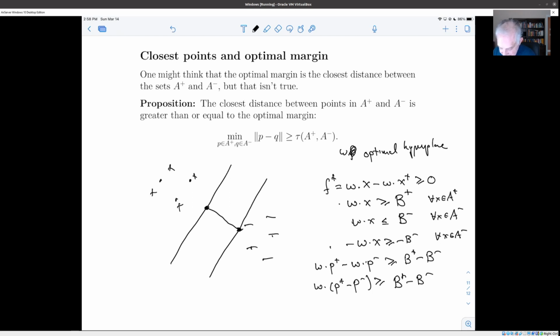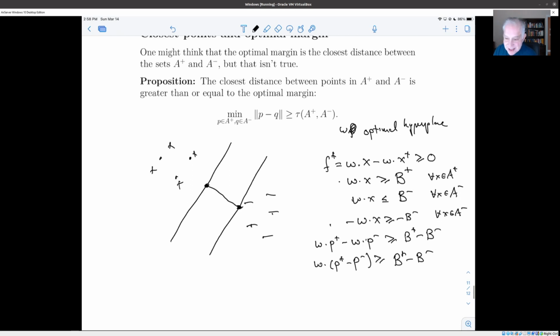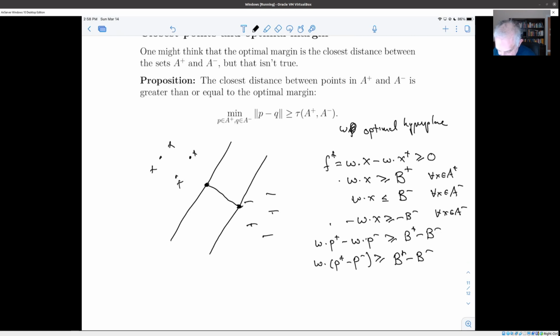And the perpendicular distance, as usual, is gotten by dividing by the norm of W. So we would have that the perpendicular distance from P plus to P minus is equal to W dot P plus minus P minus over the norm of W, and that's bigger than or equal to B plus minus B minus over the norm of W, which is our margin.